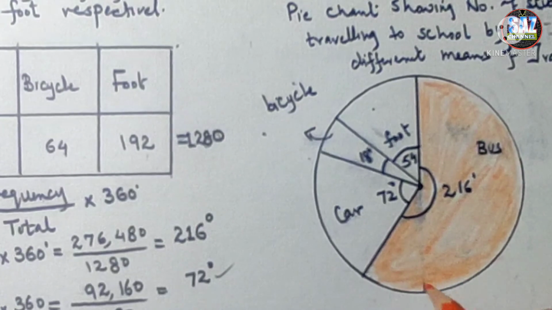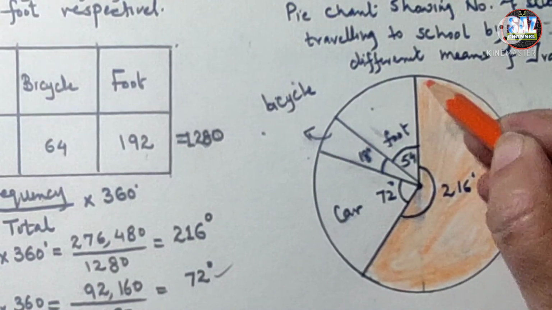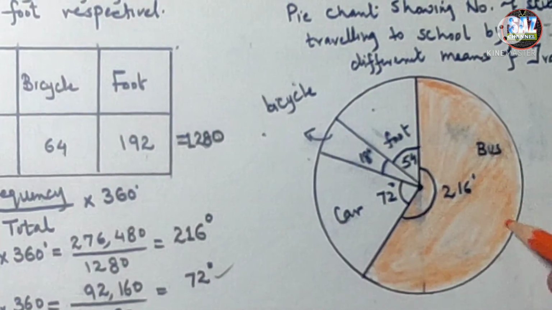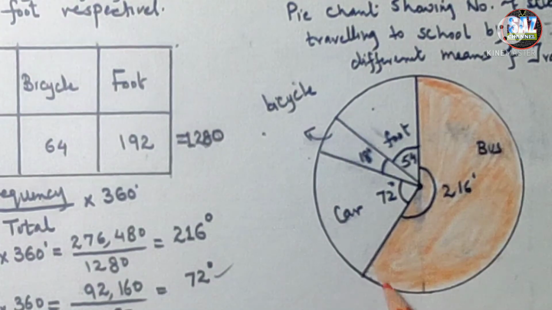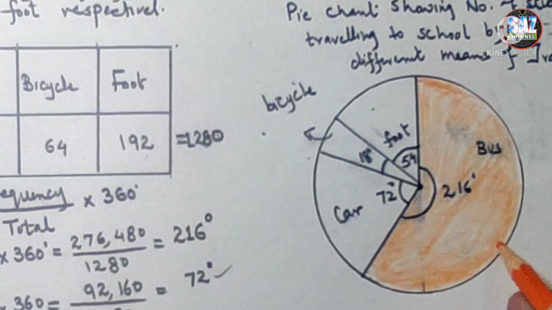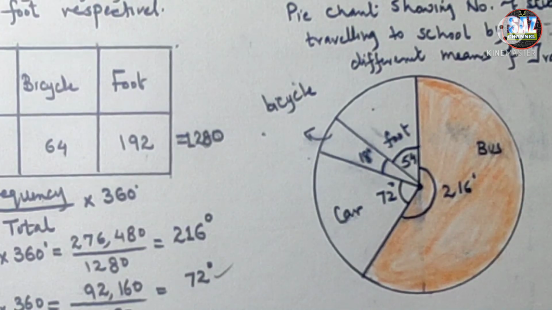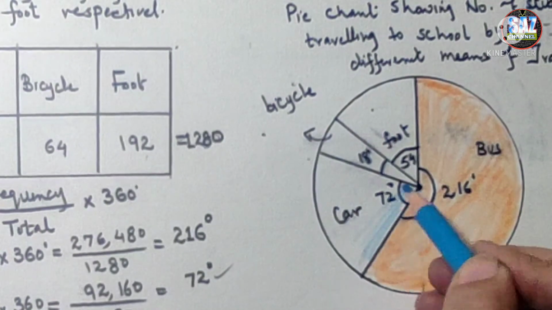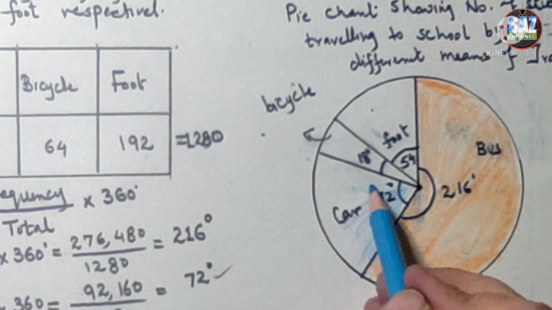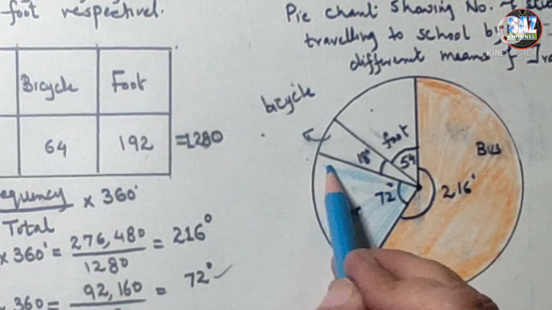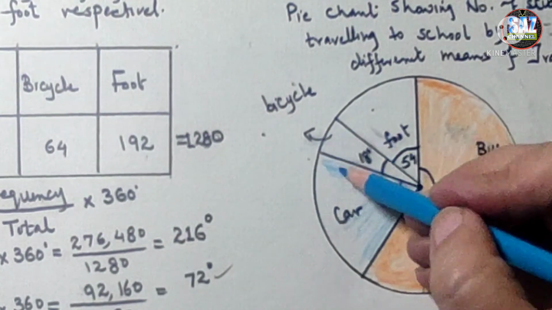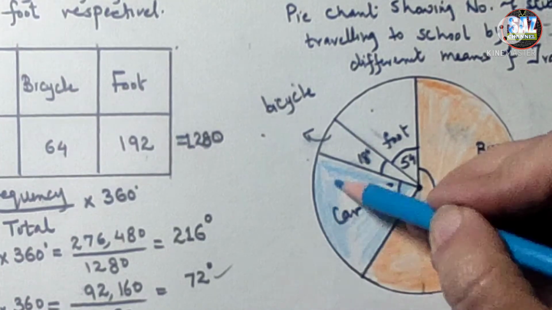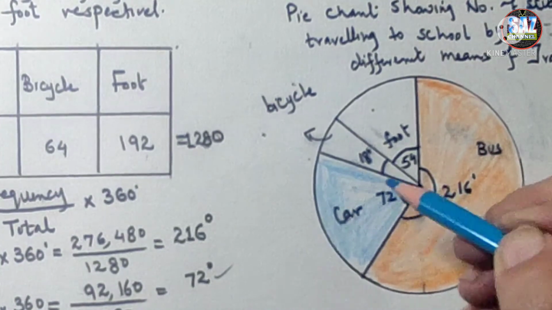I hope you are really clear on how we are constructing the pie chart. First of all, in order to construct the pie chart, we have to find the angle of each sector. And in order to find the angle of each sector, what is the formula? The formula for the angle of the sector is frequency upon total, multiplied by 360 degrees.